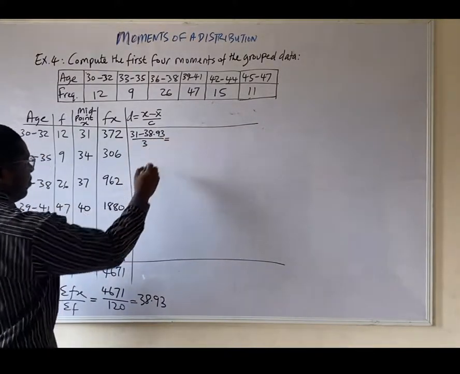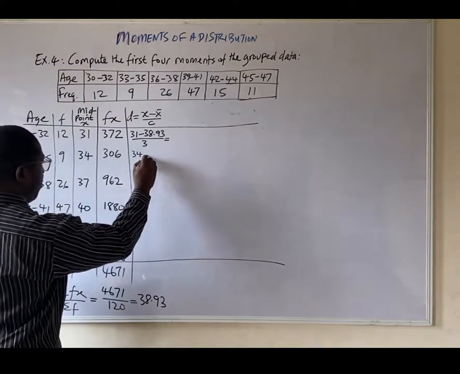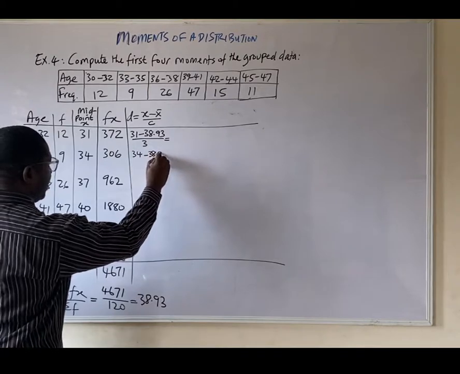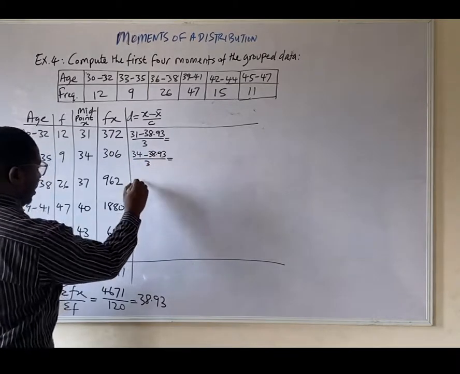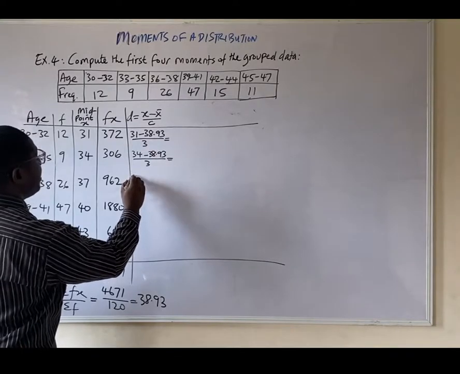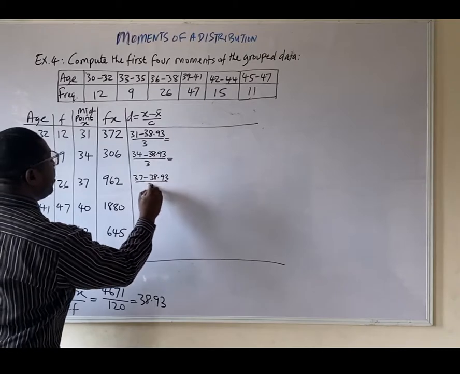We'll find the value to this. The next one is 34 minus 38.93 all over 3. We'll find the answer to that. Next one is 37 minus 38.93 all over 3.